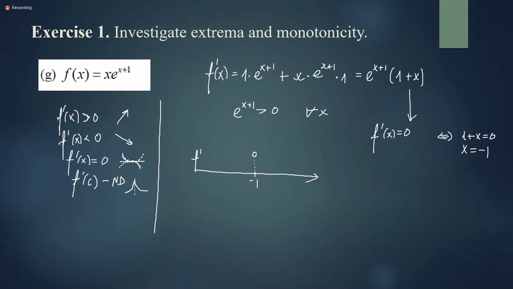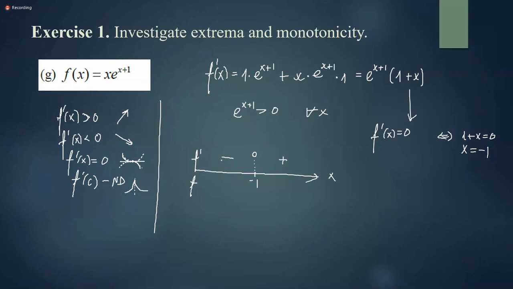You may choose any point you like that is greater than minus 1. So this 1 plus x factor will be evidently positive for larger x values, and for smaller x values, the derivative will be negative. And in the second part of the sign diagram, we have to determine the behavior of the function.